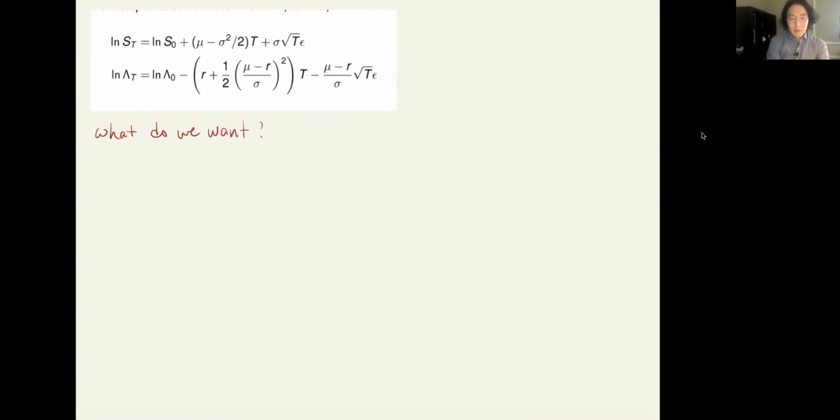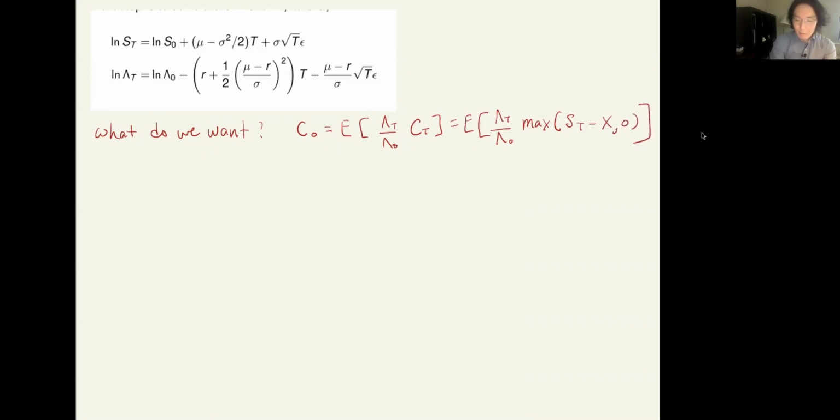We want to calculate the price of the call, which is basically the expectation. So we need to calculate the expectation.